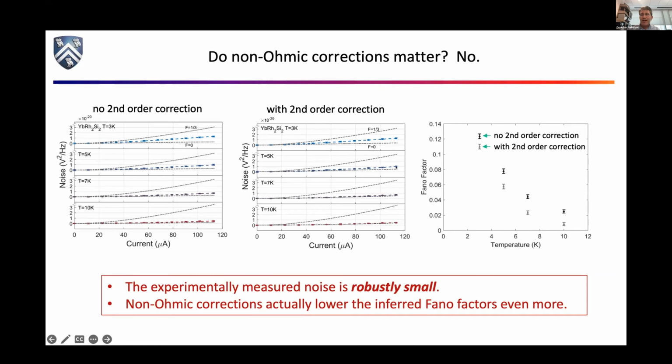In fact, if you include corrections for nonlinearity, if you're very conservative and assume all the non-ohmic response is really intrinsic to the device, you can still fit the data, and the phono factors are actually even smaller than what we saw before. It's just a question of what number you pull out of your fits, right? The data points are the things you should really pay attention to. The data points are what's determined by the experiment.